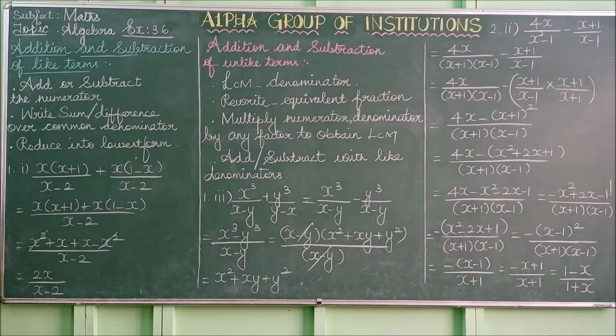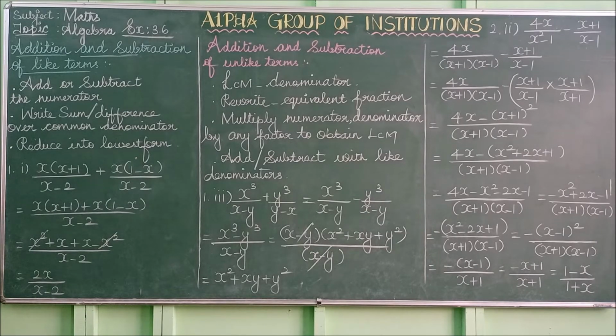Then next one is division. Division is a little bit different from multiplication. You can take any two rational expressions P of x by Q of x and R of x by S of x, where Q of x and S of x are not equal to 0. How to divide the two expressions?